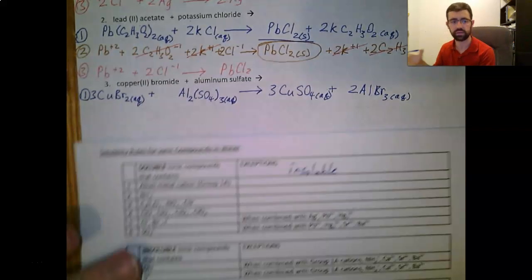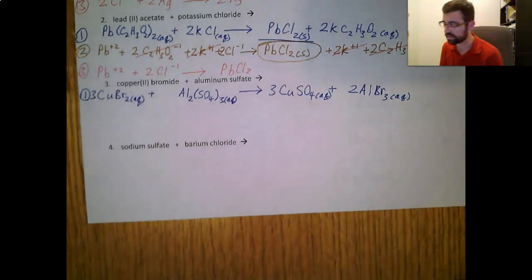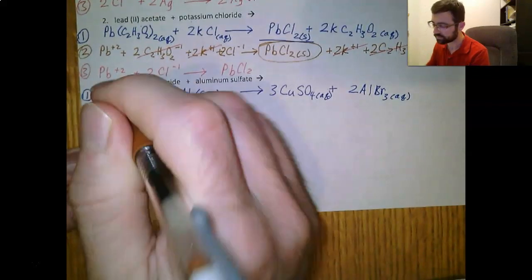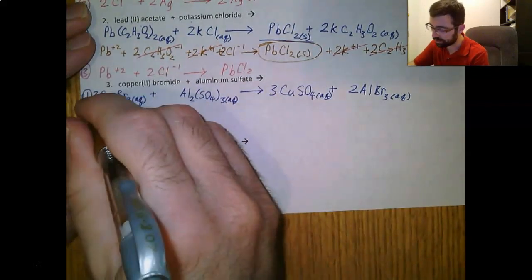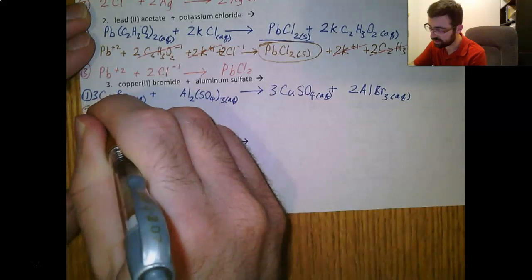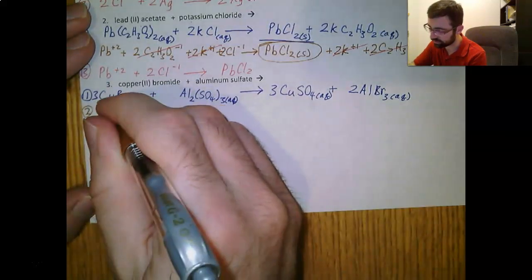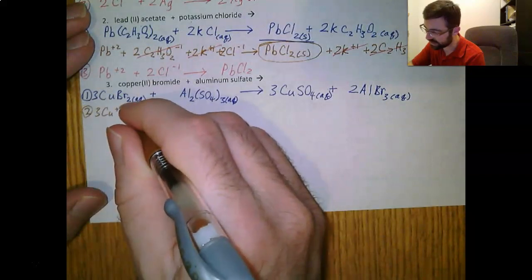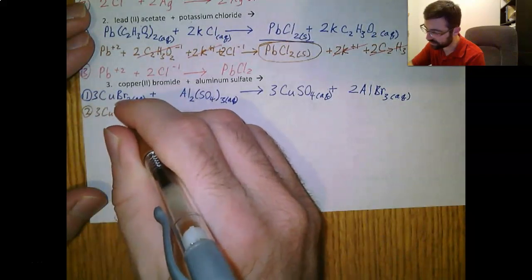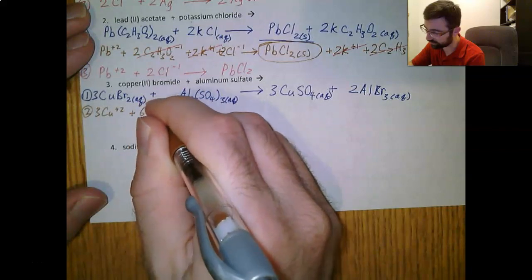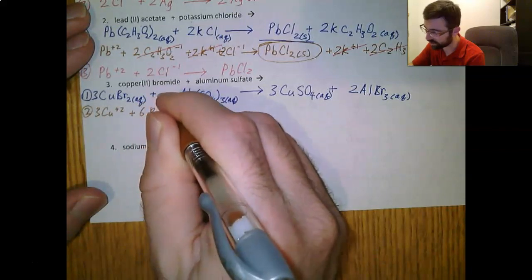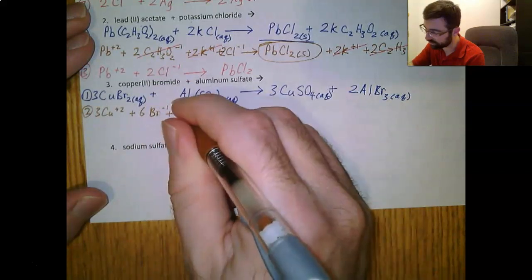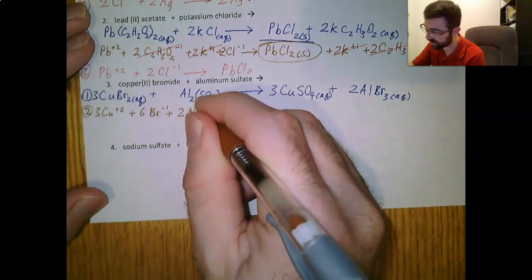Okay, interesting. Now let's do the next step. So step 2, you have 3 copper with a positive 2 charge. And then I have 3 times 2 is 6, so 6 bromide, negative 1 charge. I have 2 aluminum, positive 3.